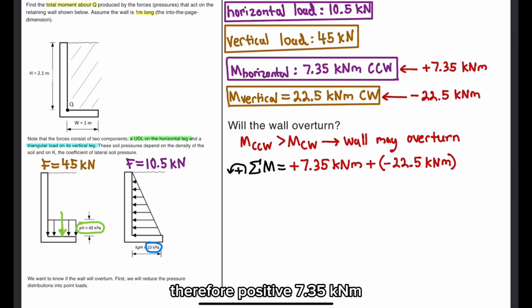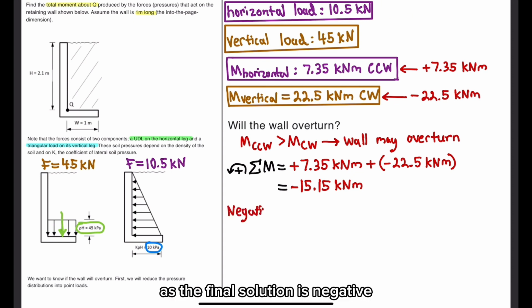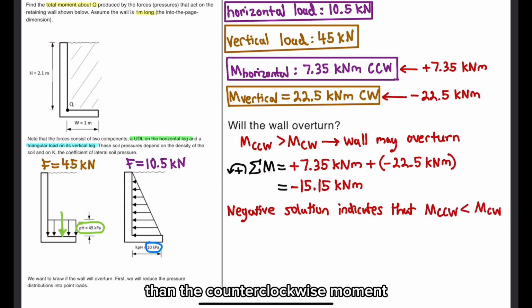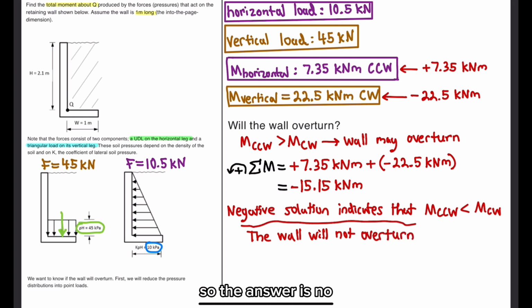Therefore, positive 7.35 kilonewton meters minus 22.5 kilonewton meters is equal to negative 15.15 kilonewton meters. As the final solution is negative, this indicates that the clockwise moment is much larger than the counterclockwise moment. Therefore, the wall will most likely not overturn. So the answer is no.